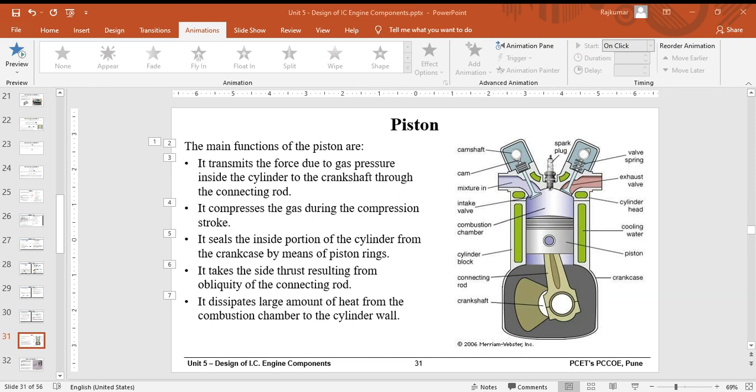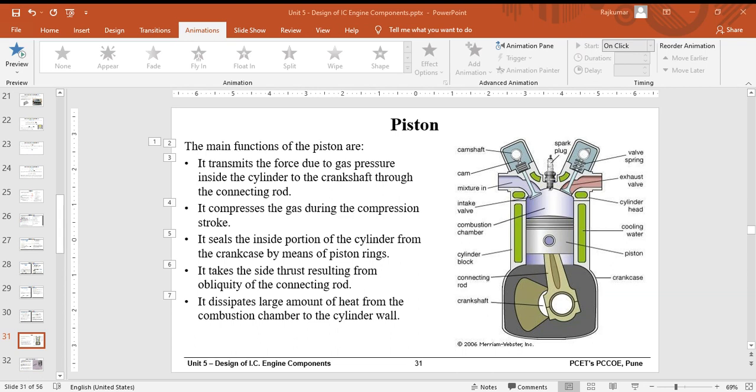Especially, it seals the inside portion of the cylinder from the crankcase by means of a piston ring. Due to this, the combustion gases will not enter into the crankcase. So the piston along with the piston rings has to perform that role as well.